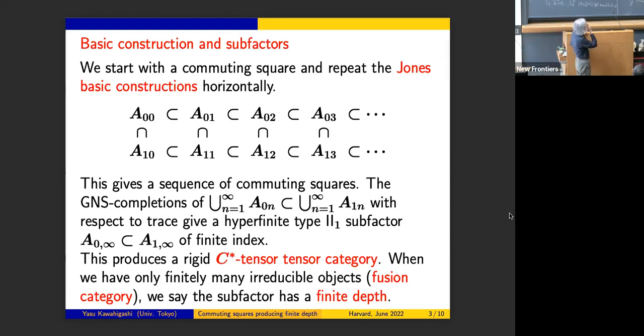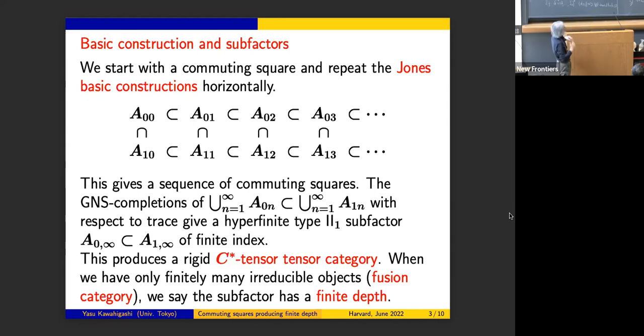And basically, we can use the same Jones projection for the bottom inclusion, A10 contained in A11. Then by adding the Jones projection, we get the larger algebra A12. So A02 is now regarded as a subalgebra of A12. This is a kind of simultaneous basic construction.